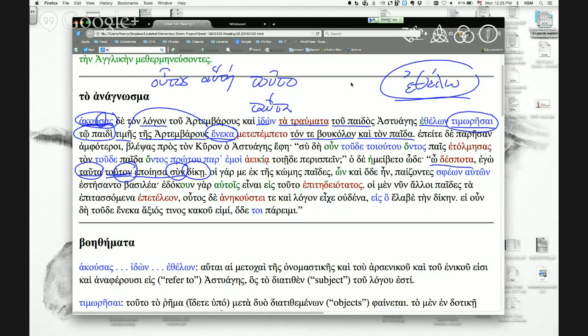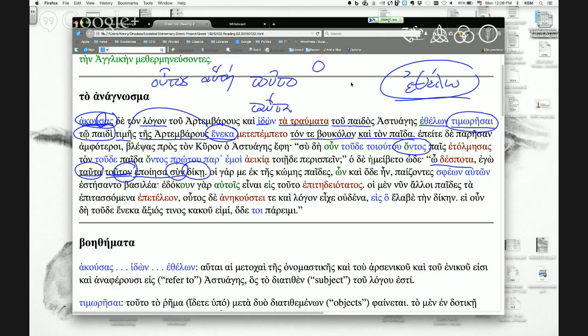Oh, ontos. What kind of word is that? It's a participle. A participle from what? From the verb to be.